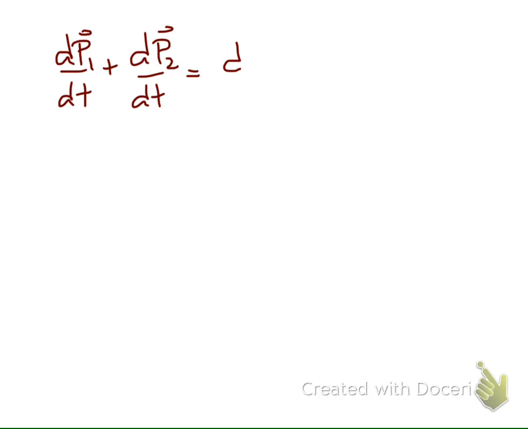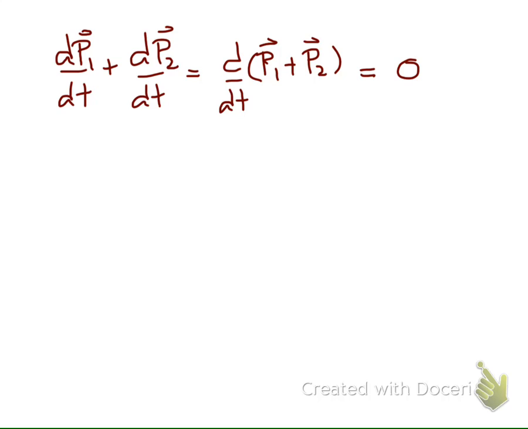Rearrange the equation. We have that dP1 by dt plus dP2 by dt is equal to the d by dt of P1 plus P2, which is equal to 0.